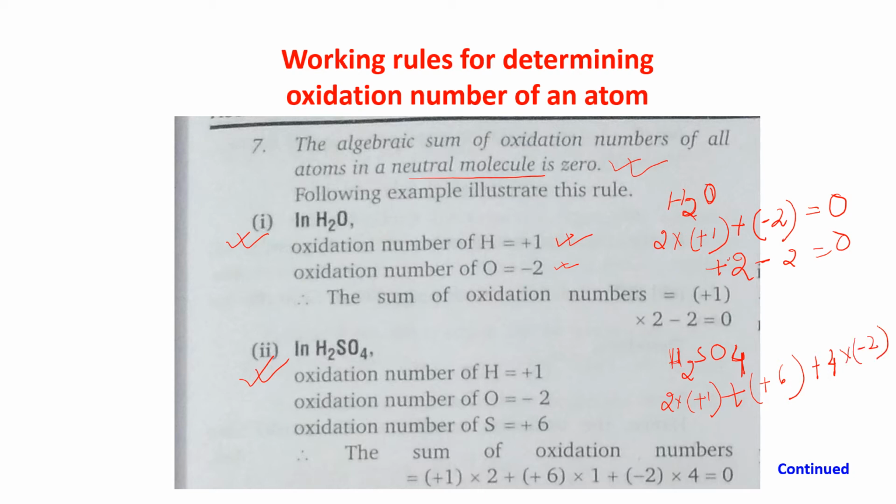Now let me check whether the addition of all is giving 0 or not. 2 ones are 2, that means +2, +6, plus minus -8. This is +8, -8. This is coming to 0. So, this rule is fulfilling this. The algebraic sum of oxidation number of all atoms in a neutral molecule is 0.